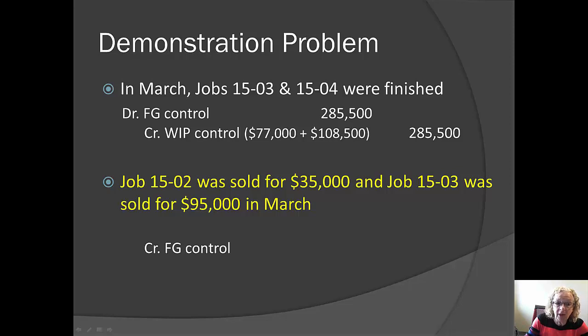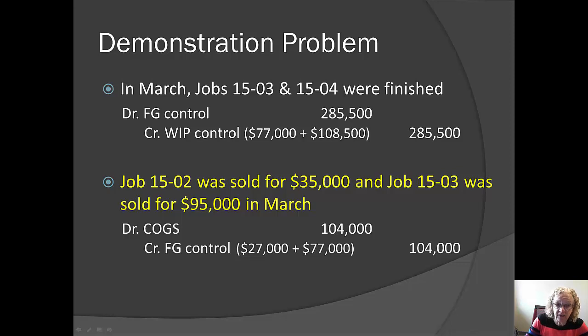In this case, we have to look up what was the value of these 2 jobs. Well, job 1502 was produced for $27,000 and job 1503 was produced for $77,000. And you have that information in previous slides. So altogether, our finished goods control decreases by $104,000, and we recognize that amount as cost of goods sold.